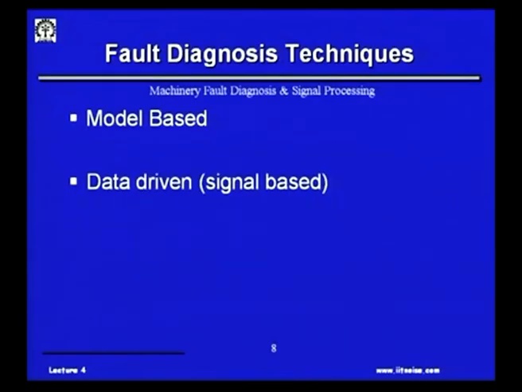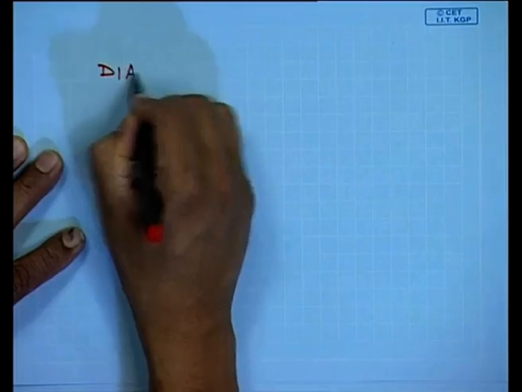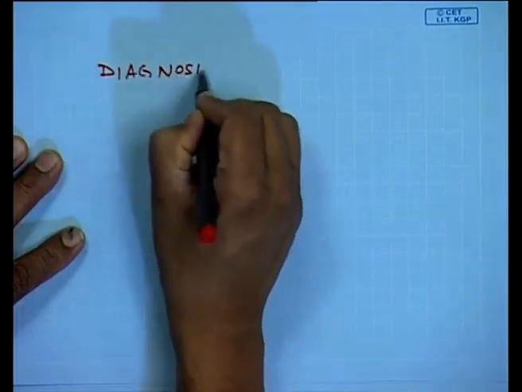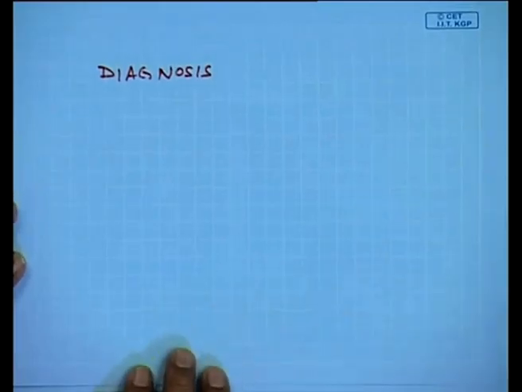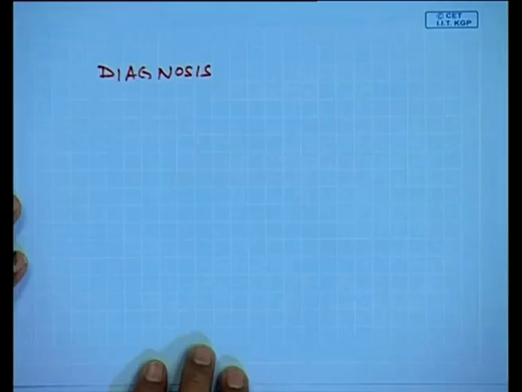The question is, how do we diagnose these faults? Diagnosis is traditionally done by two important methods. One is the model based method, another is the data driven or signal based method. In model based methods, people use certain mathematical models from the physics of the problem.